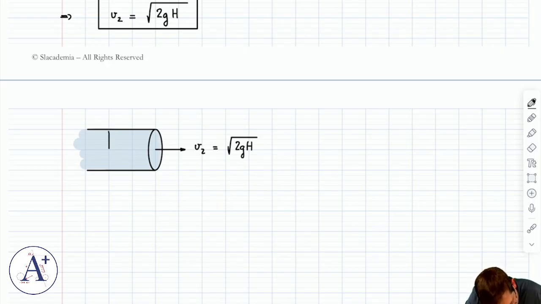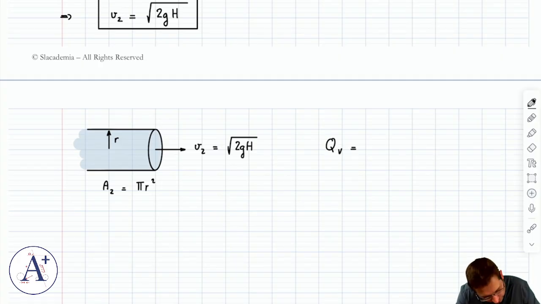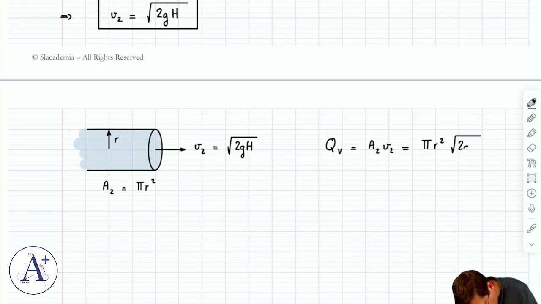And then this is a radius, little r, so A2 is pi r squared. And so QV, the volume flow rate flowing out of the spigot, is equal to A2 V2. That's pi r squared times square root of 2gh.